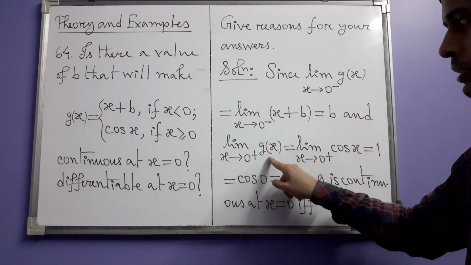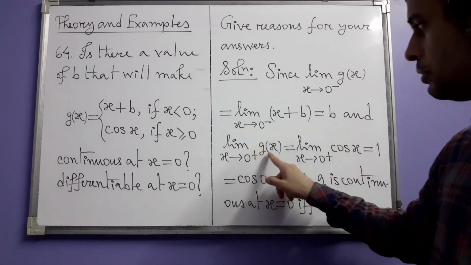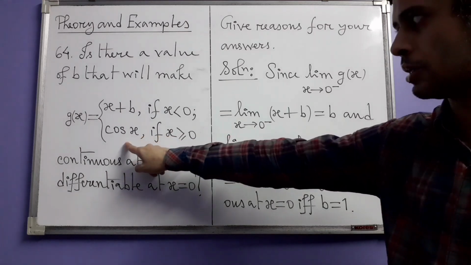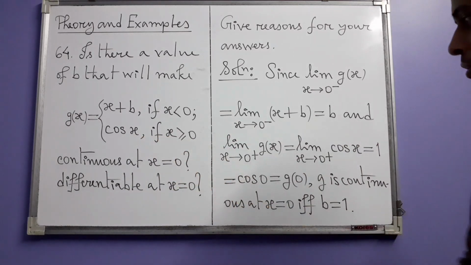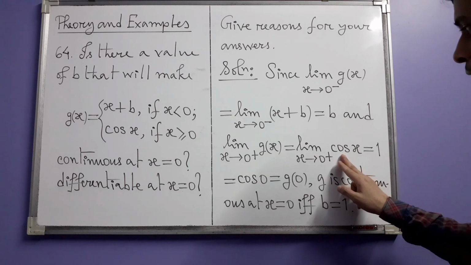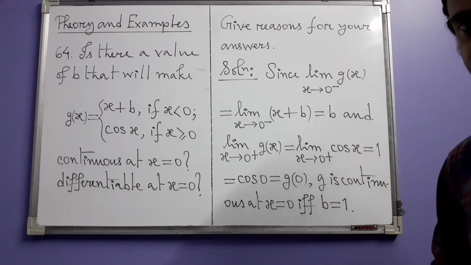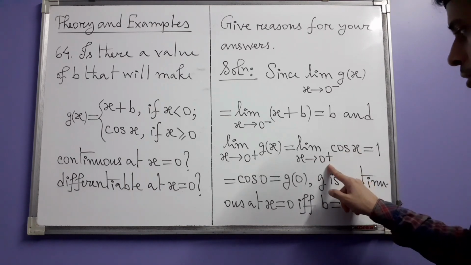And when you consider the right hand limit, this time g of x is equal to cos x, because that's how the function has been defined. And we already know the limit of cos x at x equal to 0.